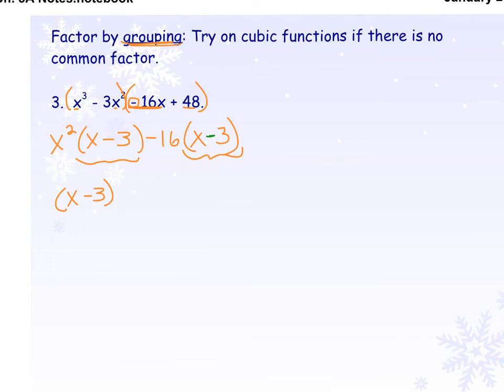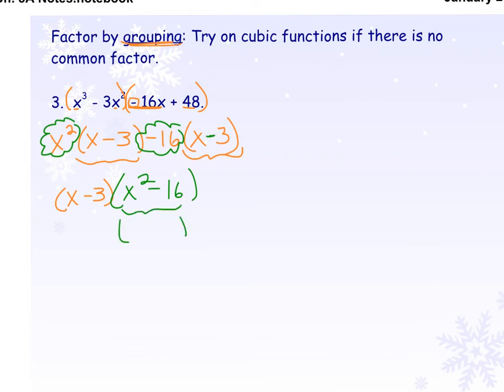And then we take the parts on the outside, the x squared and the minus 16, and we group them together in a separate parenthesis. So x squared minus 16. Our goal is to factor completely. The x minus 3 is factored completely, but x squared minus 16 now can be written as a product of smaller parts. They're both perfect squares again.